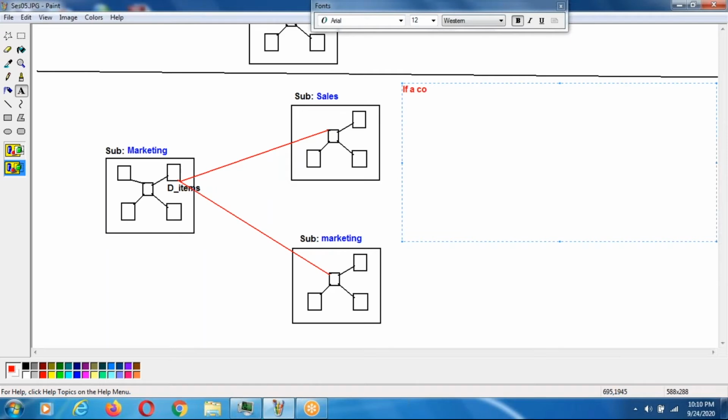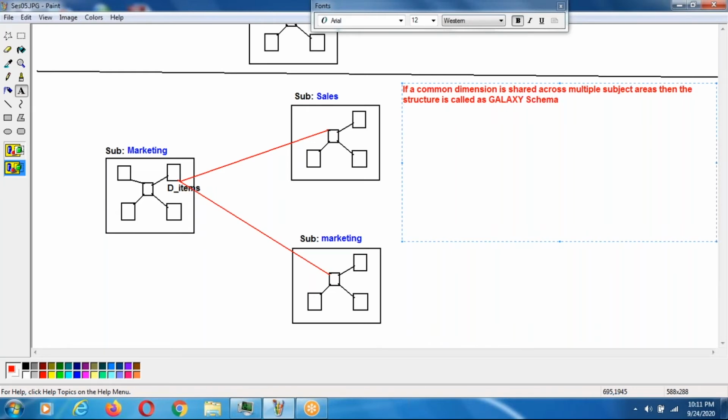If a common dimension is shared across multiple subject areas, then the structure is called a galaxy schema.